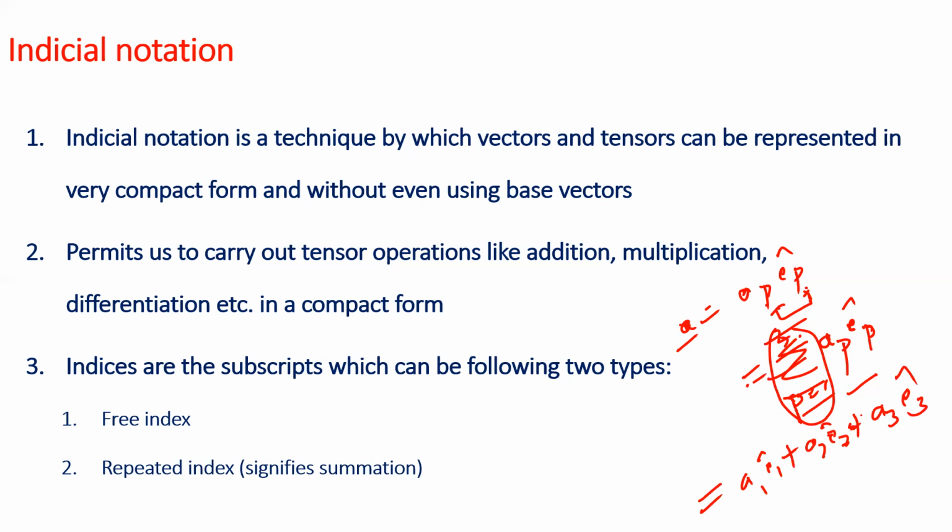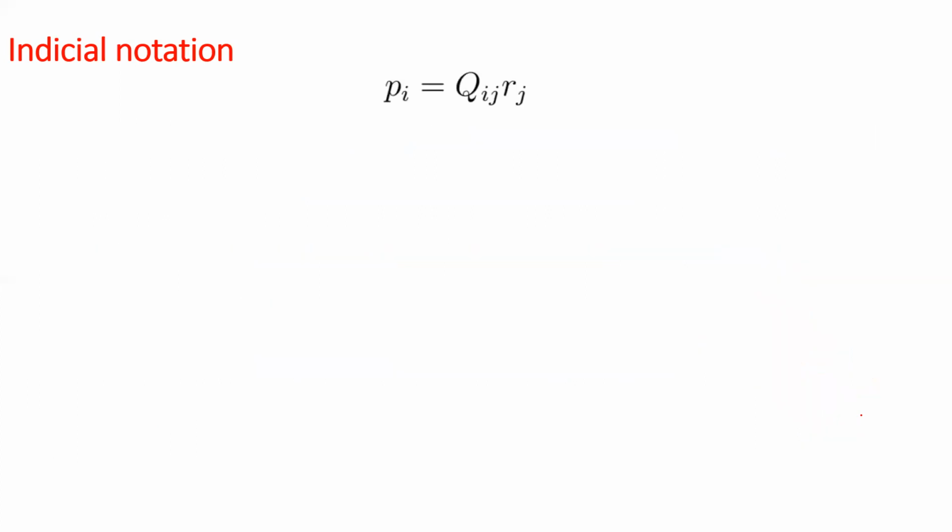But since we have already defined a vector in indicial form, you might as well learn that this is a repeated index. So I have this expression p_i = q_ij r_j. I will expand it in 3-dimensional Cartesian notation. I can as well write it in the old style as a sum over j. But from looking at this expression itself, you can see that j is repeating.